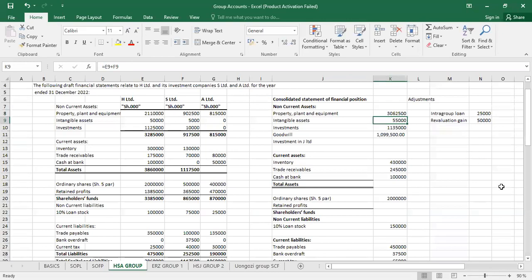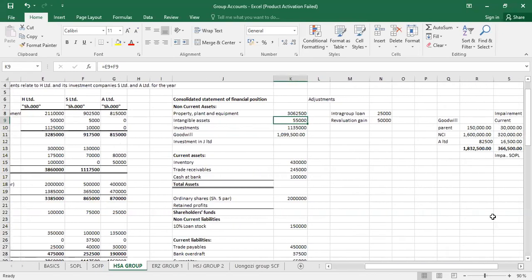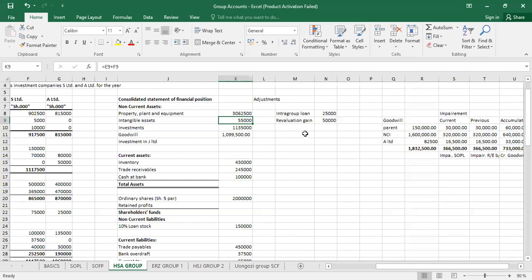So the revaluation gain, let me show you how here we will debit. Because we are learning, here we will debit PPE, that is adding on PPE. Then we'll credit revaluation reserve with the same amount, the revaluation gain, isn't it?